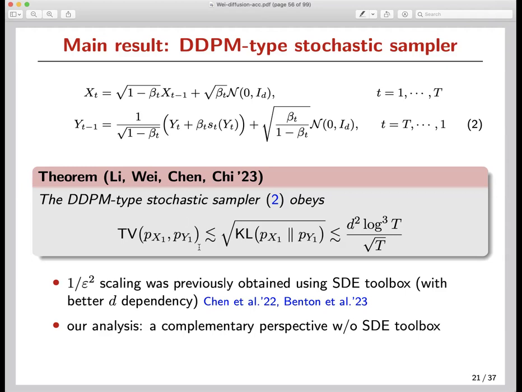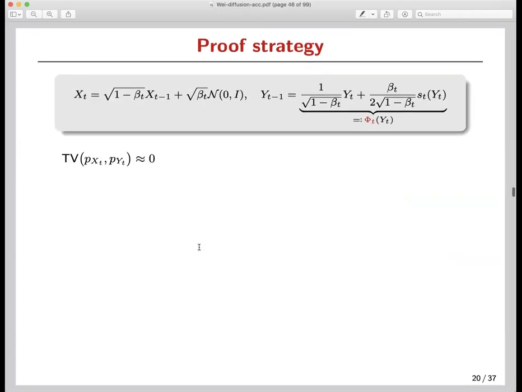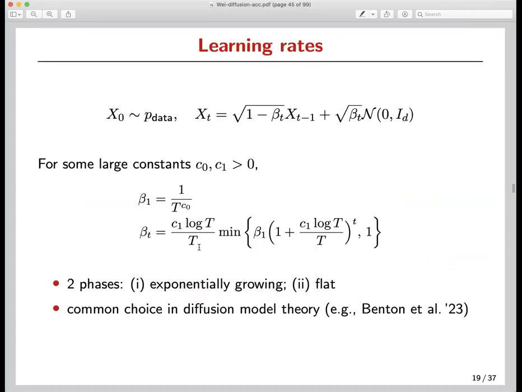These results are established using this specific choice of beta T. In practice, and in the literature of SDE and ODE, these learning rates or step sizes are really critical, so the results you can expect should be really sensitive to the choice of beta.